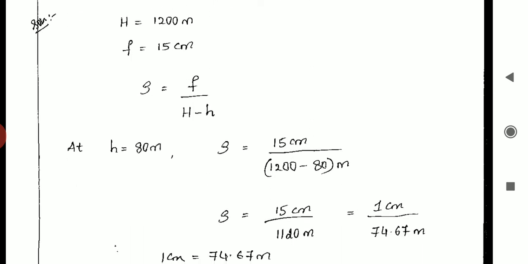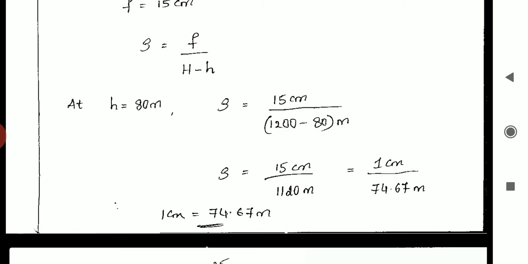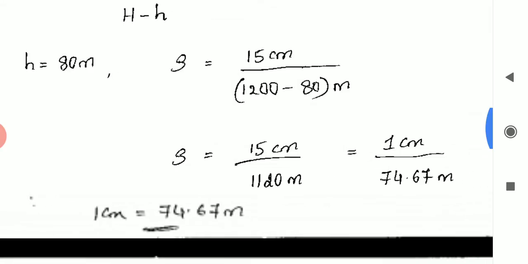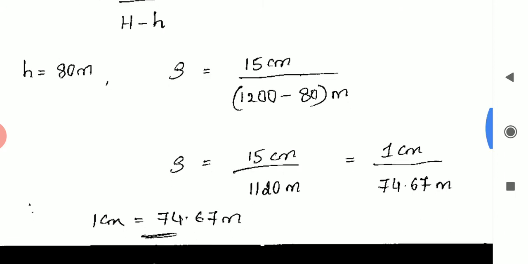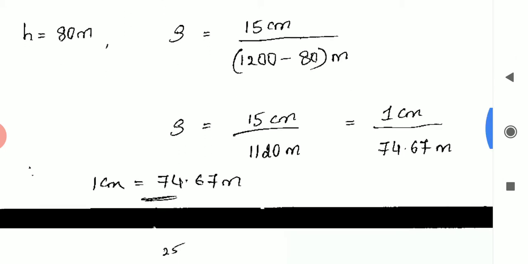So already he mentioned all the data. By using the data we will get the answer. So S equals f is 15 centimeter, capital H is 1200, and small h is 80 meter. By using this equation we will get the answer, that is 15 ones are 15, 74.67, it will cancel.